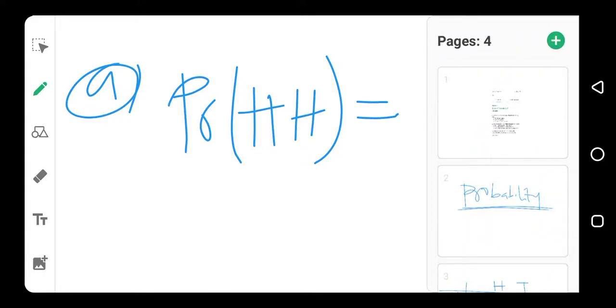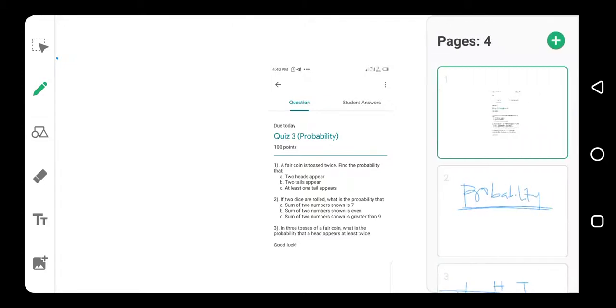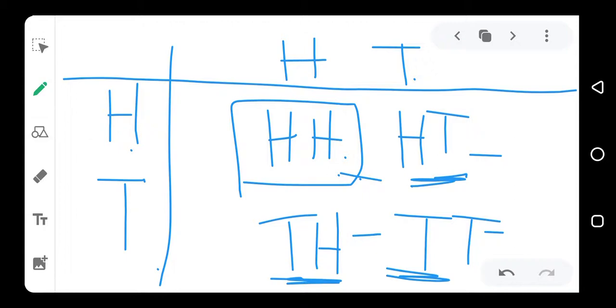Then question number 1B, the probability that two tails appear. Back to the probability table. Two tails. This one has one tail. This one has one tail. This one does not have any tail at all.